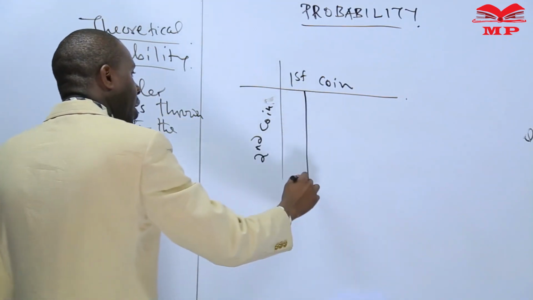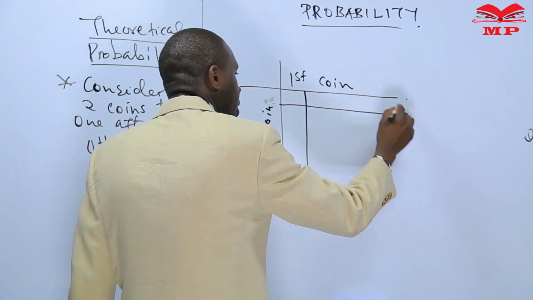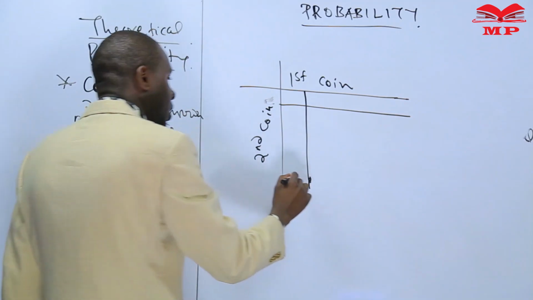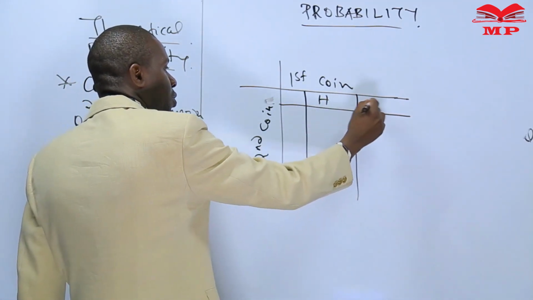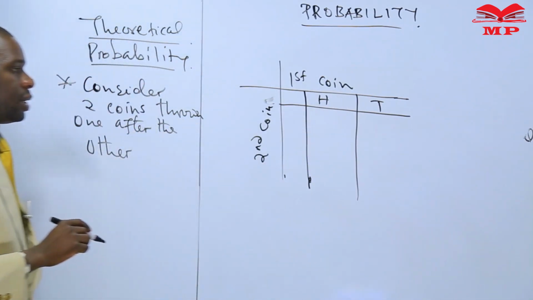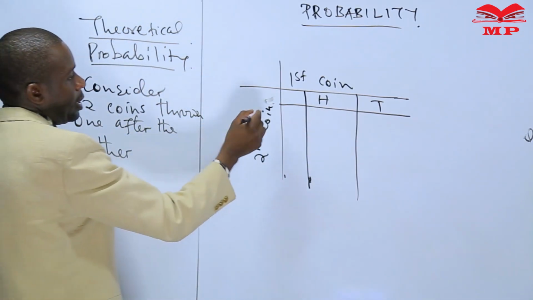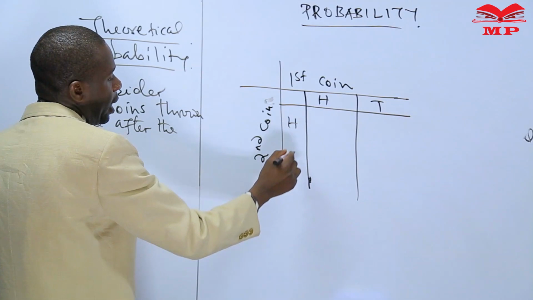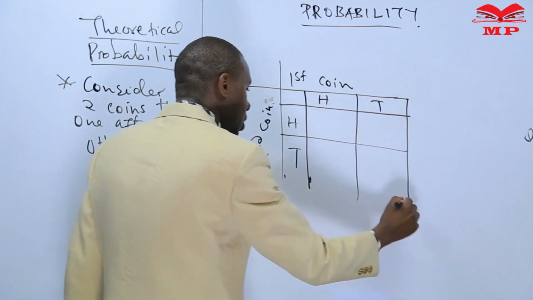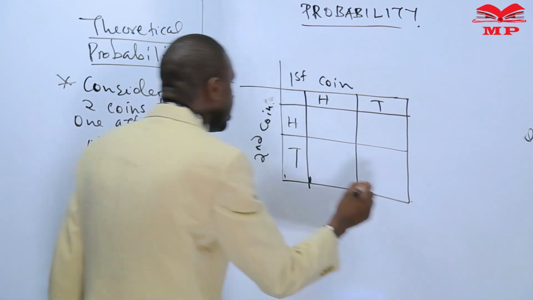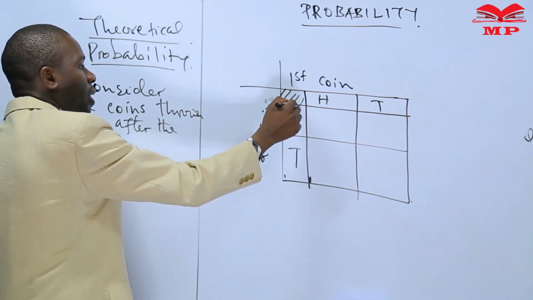We can therefore say that in the first coin we expect a head and also a tail. Yes, and in the second coin we also expect a head and also a tail, like that.